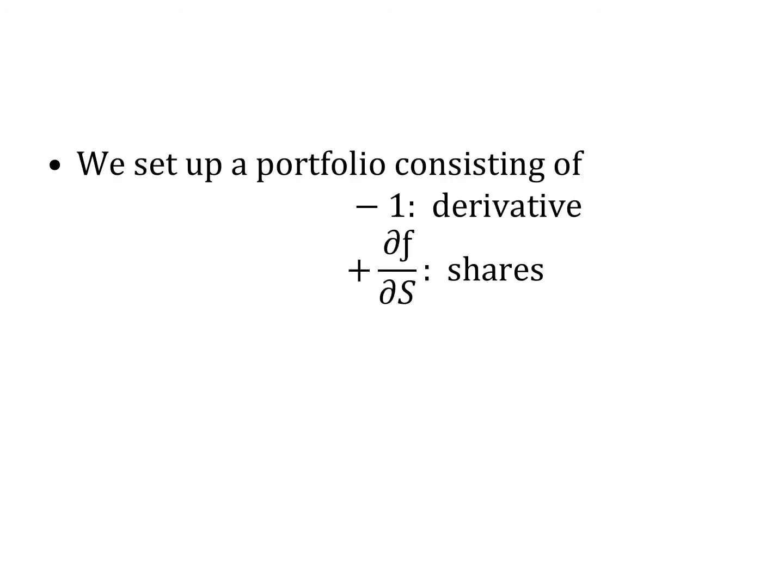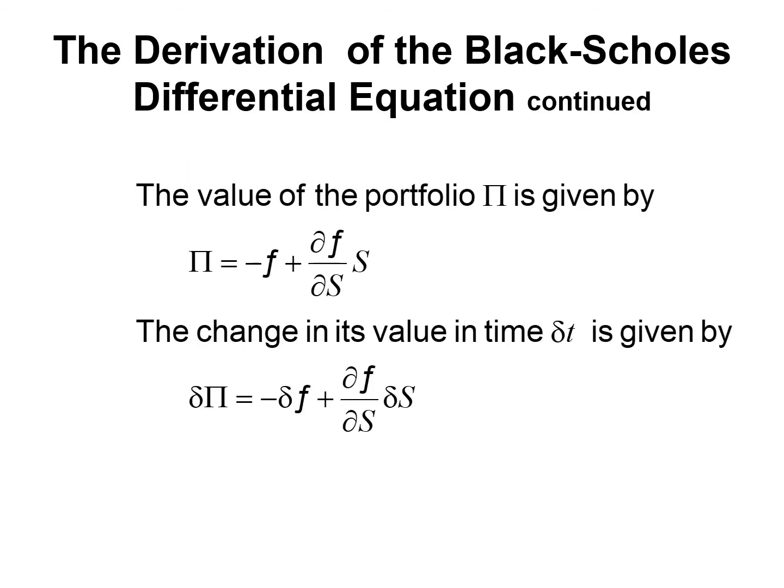We set up a portfolio consisting of one short derivative and long some number of shares. The number is partial f over partial S, whatever that number is. The value of the portfolio is given by negative f because we short the derivative, plus partial f over partial S times S. S is the shares, right?